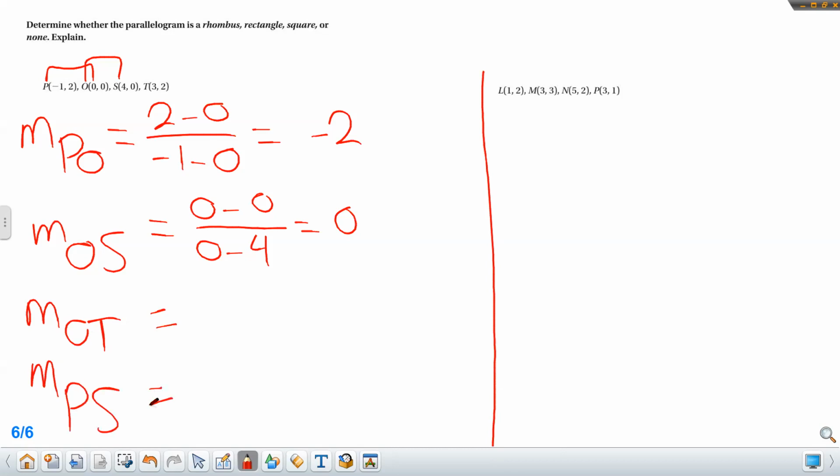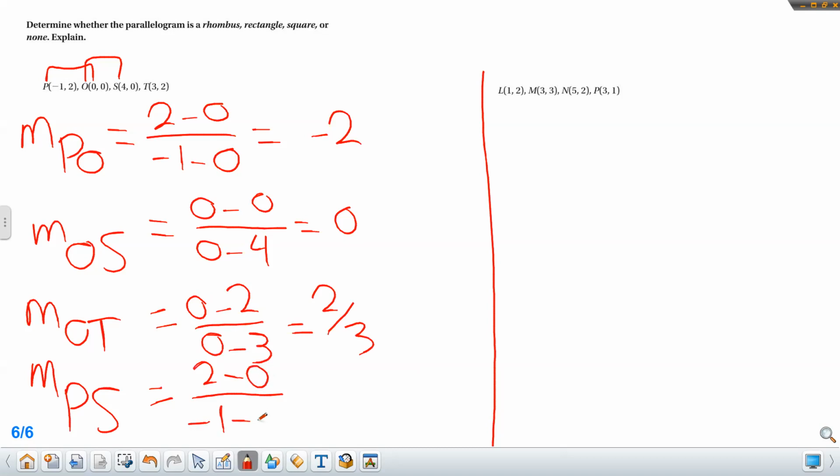Slope of OT is 0 minus 2 over 0 minus 3. It will be 2 over 3. But slope of PS is 2 minus 0 over -1 minus 4. It will be -2 over 5.